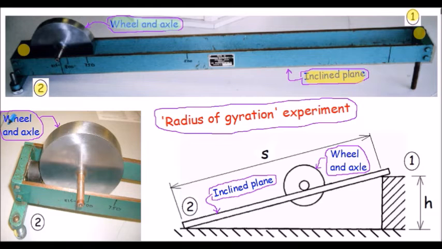This photograph shows the wheel and axle at the bottom of the inclined plane here. Diagrammatically, this is the scenario we're considering. From position 1, top of the inclined plane, the wheel and axle falls through vertical height h to the bottom of the inclined plane. Distance s here is the length of the inclined plane.